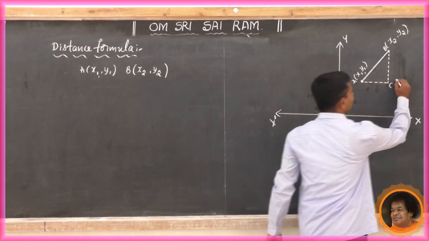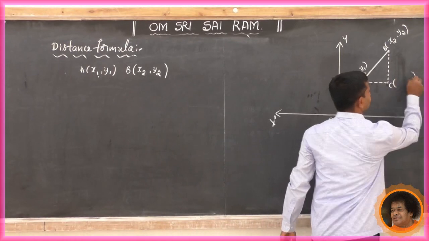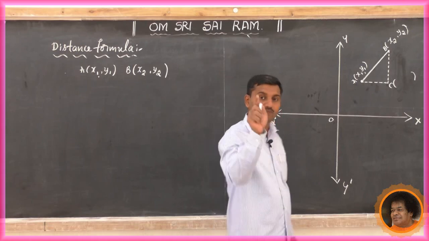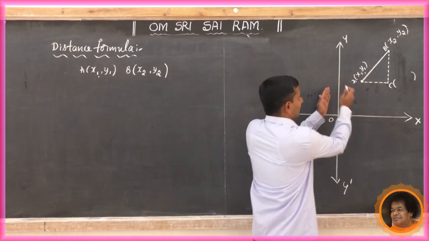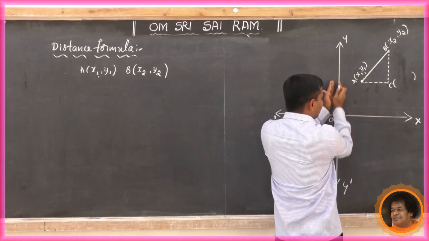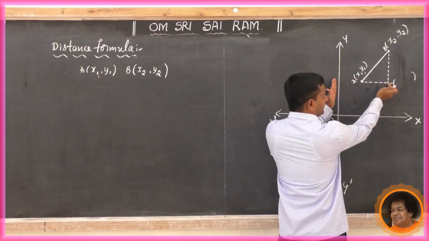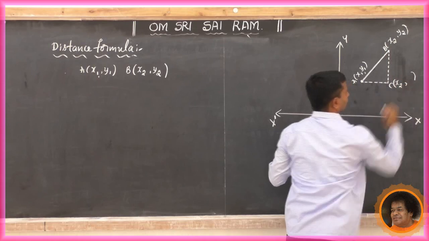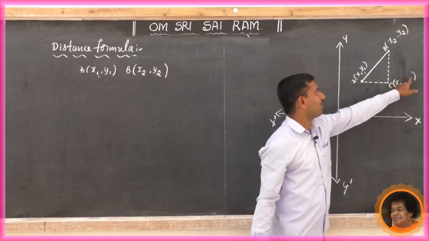Now what are the coordinates of the point C? Coordinates are always in the form x comma y. The perpendicular distance from the y-axis is the x coordinate, so the x coordinate is x2.